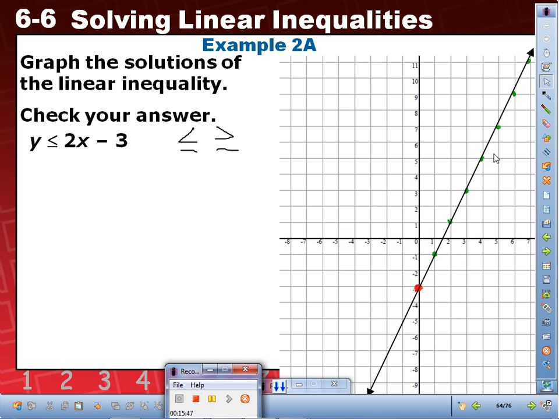Before I get started with the graphing part, I just want to make sure you understand what we have in front of us. Everybody look up, please. Every time I ask you to graph, I ask you to extend your line all the way through. So you should have something like this.